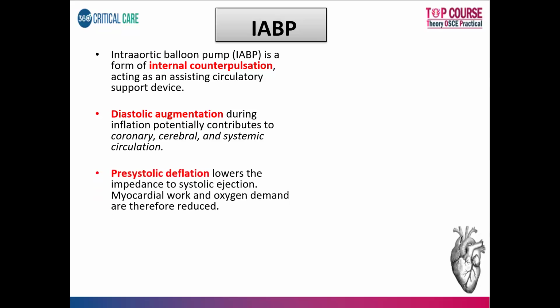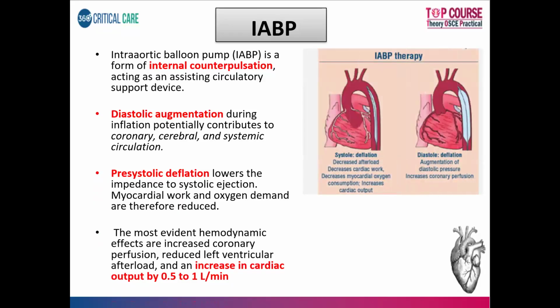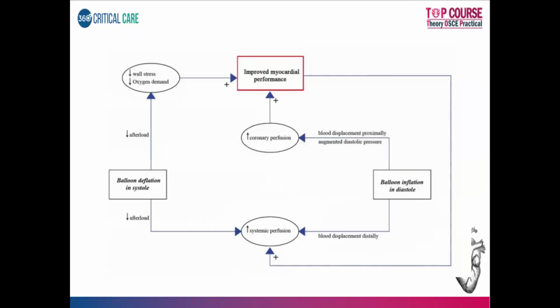Pre-systolic deflation lowers the impedance to systolic ejection, thereby reducing the myocardial work and oxygen demand. The most evident outcome of this is to increase the cardiac output by at least 1 liter per minute. So this is how it usually looks. The person who described internal counterpulsation therapy was Dr. Adrian Kantrowitz in 1959.